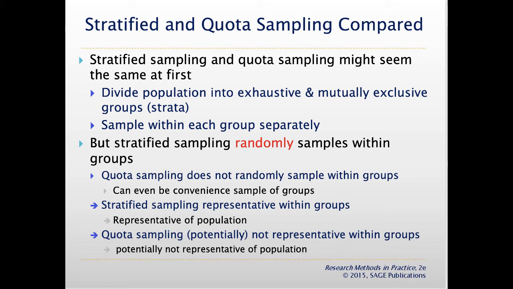If quota sampling is going to be pretty good, then it has to be the case that for people within the groups, being within that group is kind of destiny. So if you divide everyone up into these small demographic groups, like I was saying, men 24 to 29 years old who are white from the South, high school graduates, that once you know that, say, that's all you need to know about who they're voting for, quota sampling will be okay, but it can be problematic.